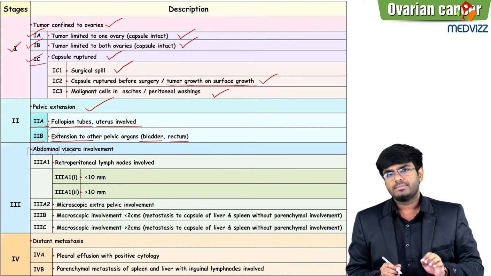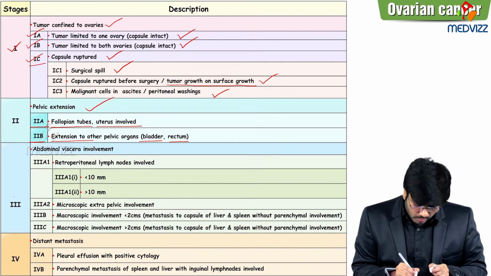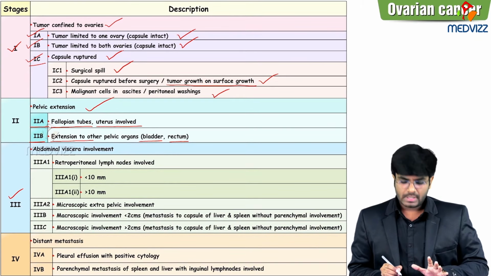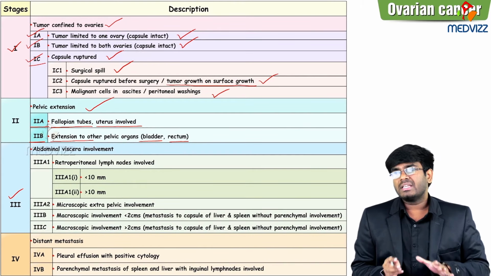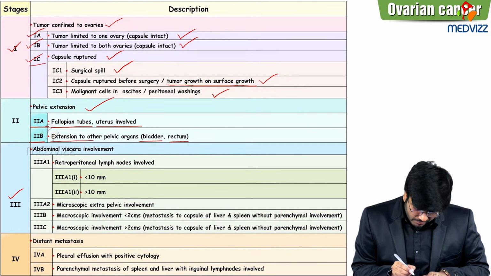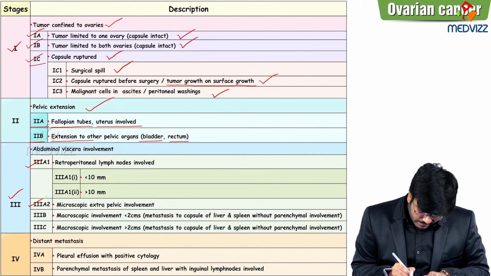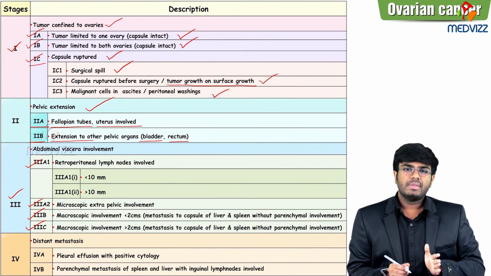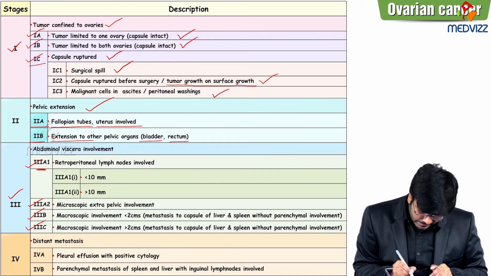So, stage 2 completed. In stage 3, we all know that abdominal organs are getting affected. So, in stage 3, which abdominal organs are getting affected? Let's see. Now, this stage 3 is very, very important and a little bit more complicated. Stage 3 was divided into 3A, 3B and 3C. 3A was further divided into 3A1 and 3A2.